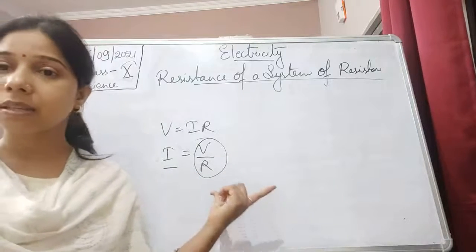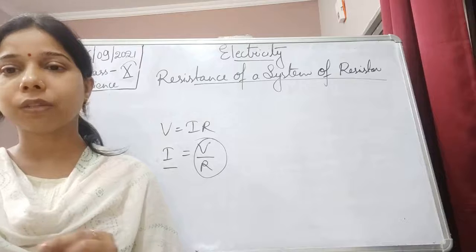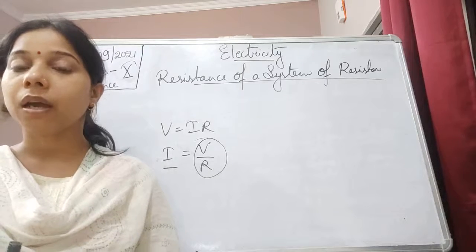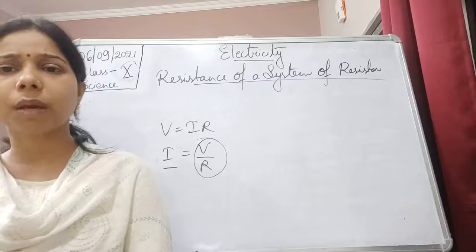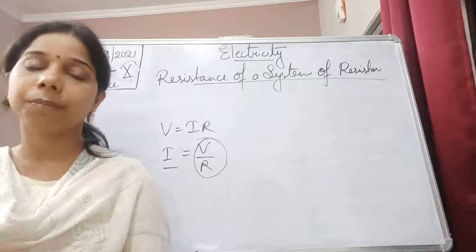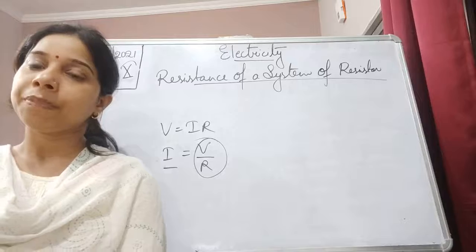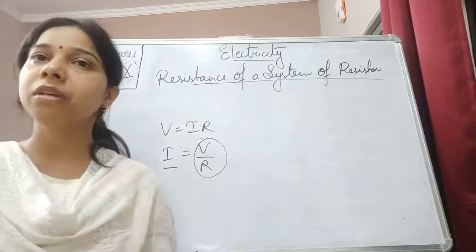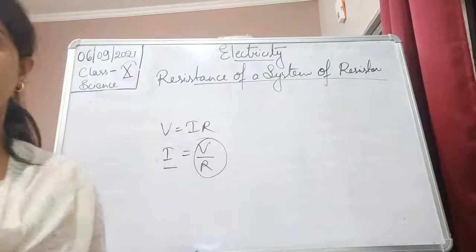Now this resistance we can arrange in an electric circuit. We can add more resistors to it, and there are different ways by which we can combine the resistors along with the electric circuit.